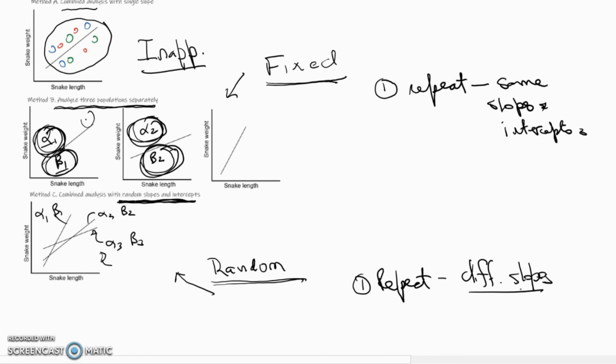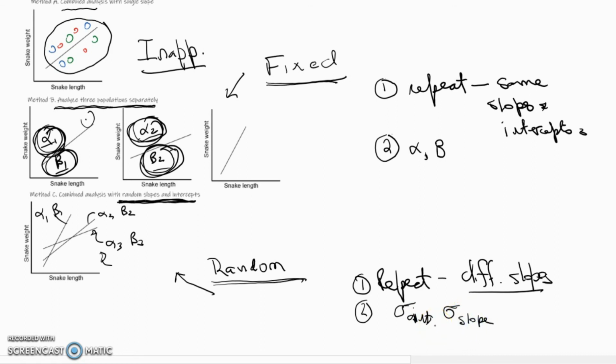So, what else differs? What we tend to be interested in here is the value of alpha and beta. That tends to be our focus. So we'd specify particular alpha and beta. Whereas down here, our focus tends to be on the variability of the intercept, and I should call this intercept, and the variability of the slope.